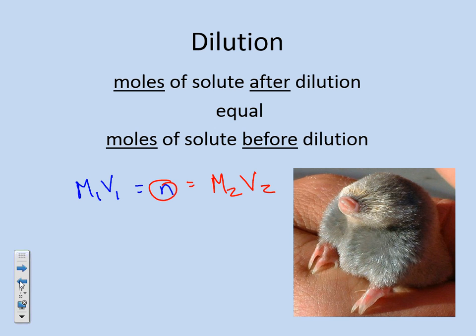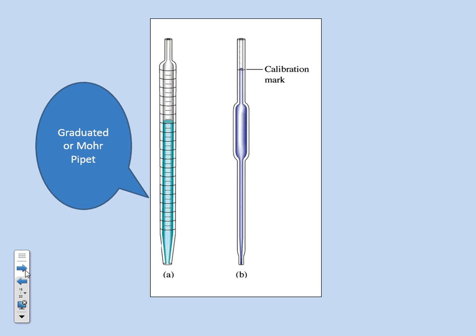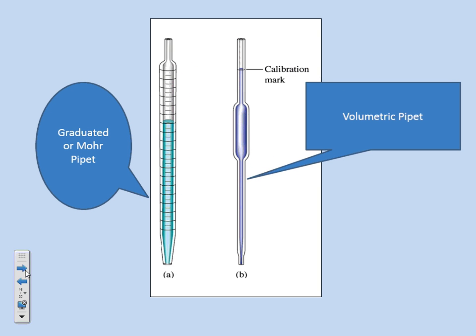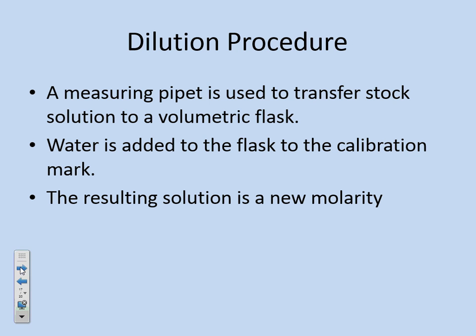To dilute, we use a pipette, and we measure very precisely. So it's a graduated pipette that has the graduations. The volumetric only measures 1 value. Our procedure is you transfer the stock solution to a volumetric flask.